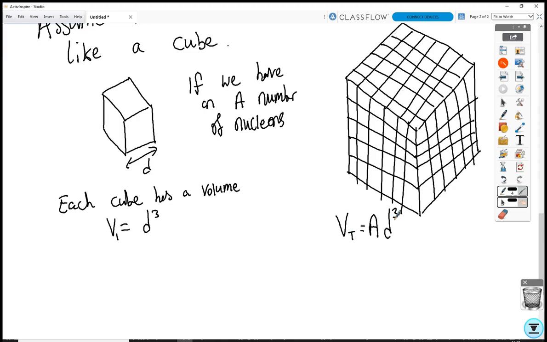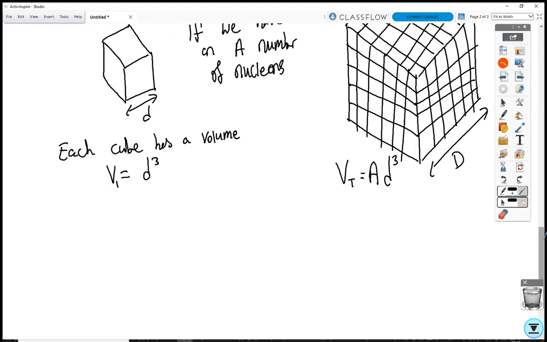Now, the total volume also depends on the diameter of the nucleus itself. So we'll label this diameter as capital D. So V total is also equal to D cubed. Now we can put those all together. So D cubed is equal to A times little d cubed.